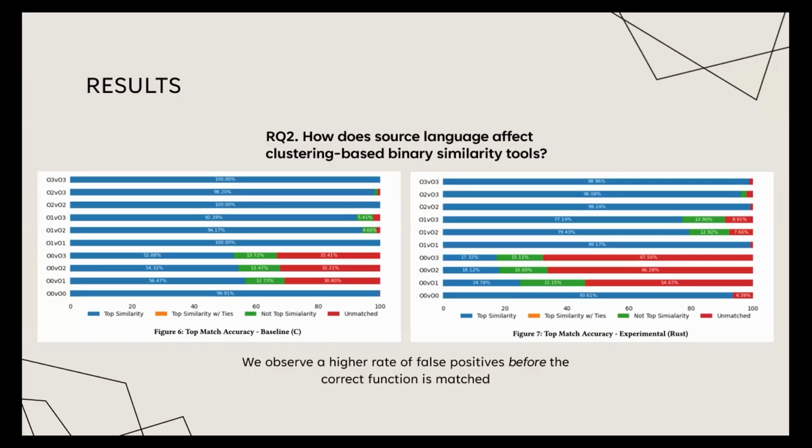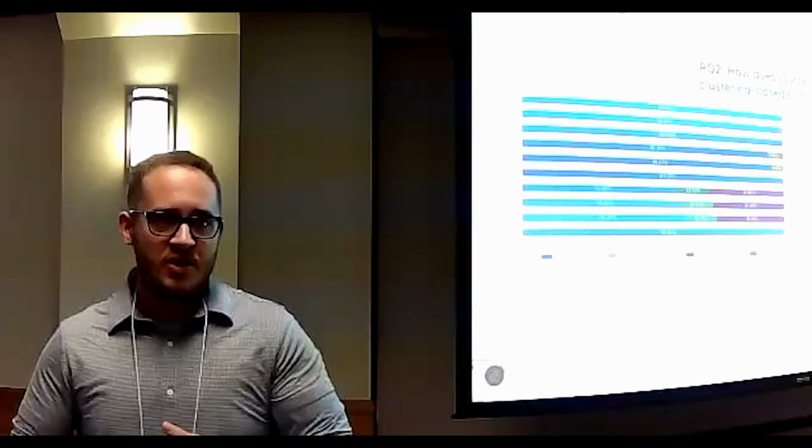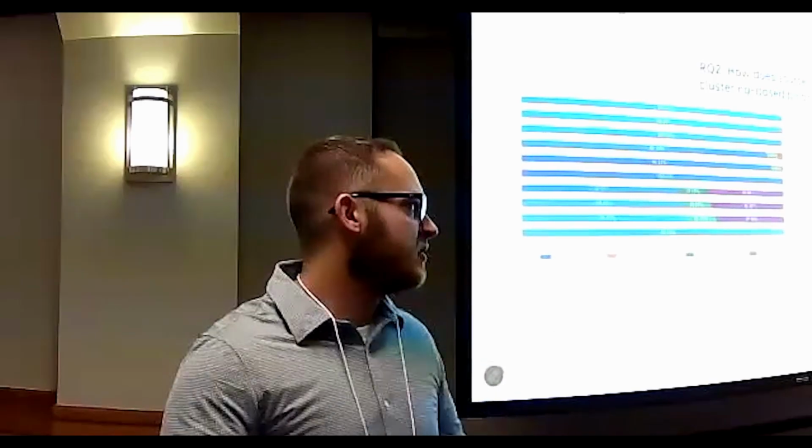That's saying BSIM is telling us there are matches better than the function itself. There are matches that look more like the function than the function itself, which is a confusing result. If you're a practitioner, this doesn't make any sense. If you're doing something like malware research and you say these two things are similar, the matched function is benign but in fact it's malicious, that could be a confusing result. You could make assumptions that lead to a dangerous place.